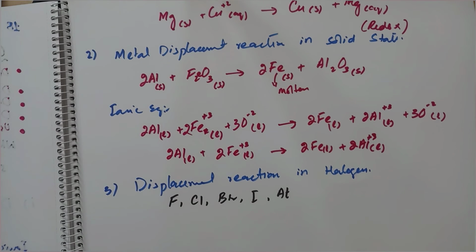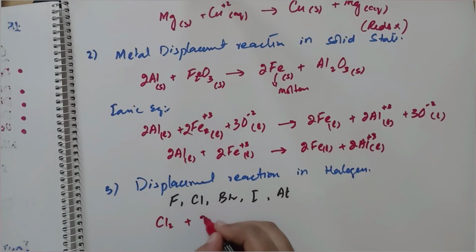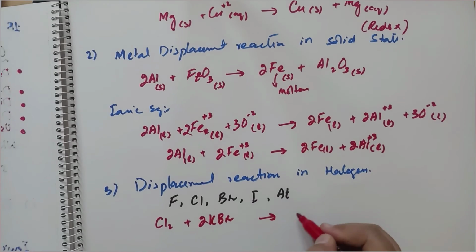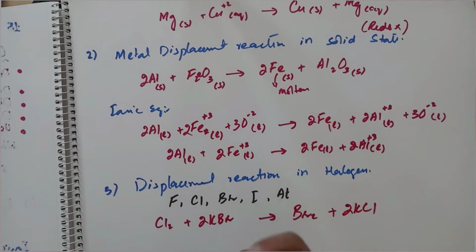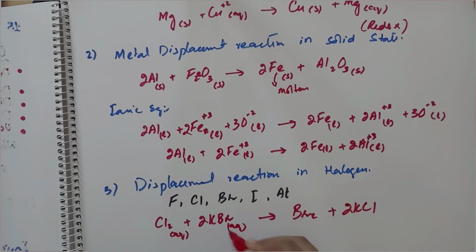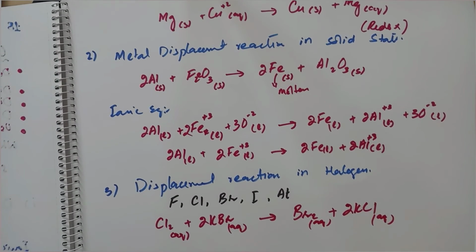Let's suppose we have a reaction where chlorine gas is passed through the compound potassium bromide, and we will get bromine and potassium chloride. Again they are in an aqueous solution, so we write aqueous here. So it is clear that as chlorine is more reactive than bromine, bromine is replaced by the chlorine molecule. Is it clear?